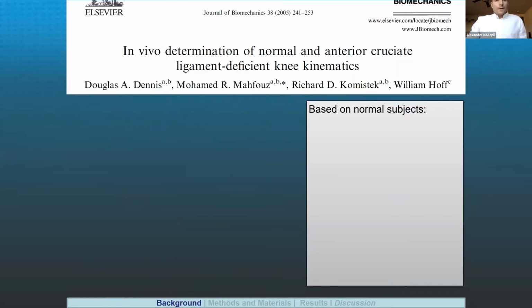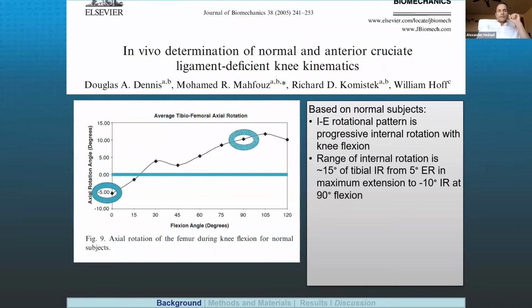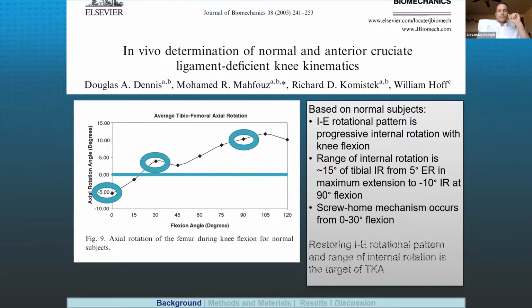In vivo examinations, as we just heard, determined that based on normal subjects, the rotational pattern of a normal knee is progressive internal rotation with knee flexion. On the left, you see a graph of the axial rotation of the tibia during knee flexion. On the y-axis is the axial rotation of the tibia, and the negative value is external rotation, positive values is internal rotation.